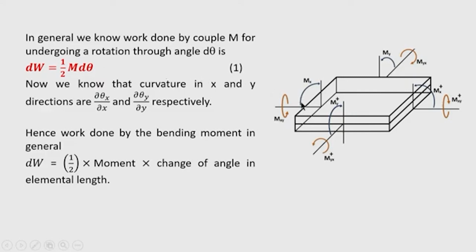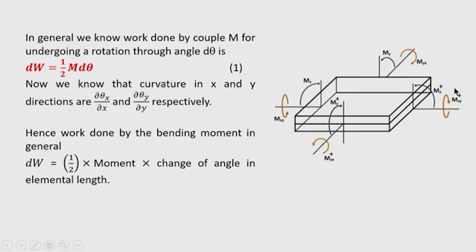Here, in this figure, Mx is the bending moment along the x direction, and on the opposite edge you will find Mx plus the increment, that is Mx plus ∂Mx/∂x into dx. So that is the bending moment on the opposite edges.